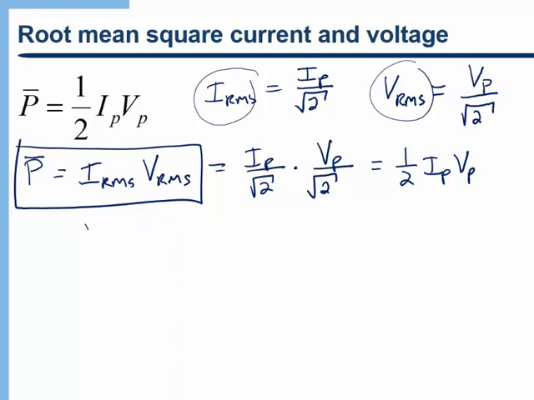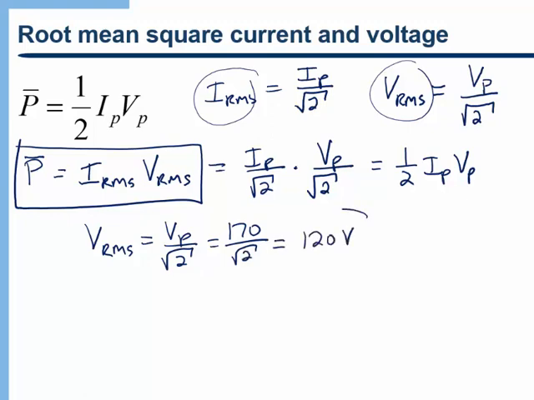And you'll notice that if we calculate V_RMS, we take the peak voltage divided by the square root of 2, or 170 volts divided by the square root of 2, and that is 120 volts. So when we say that the voltage is 120 volts coming out of the outlet, that's the RMS value.